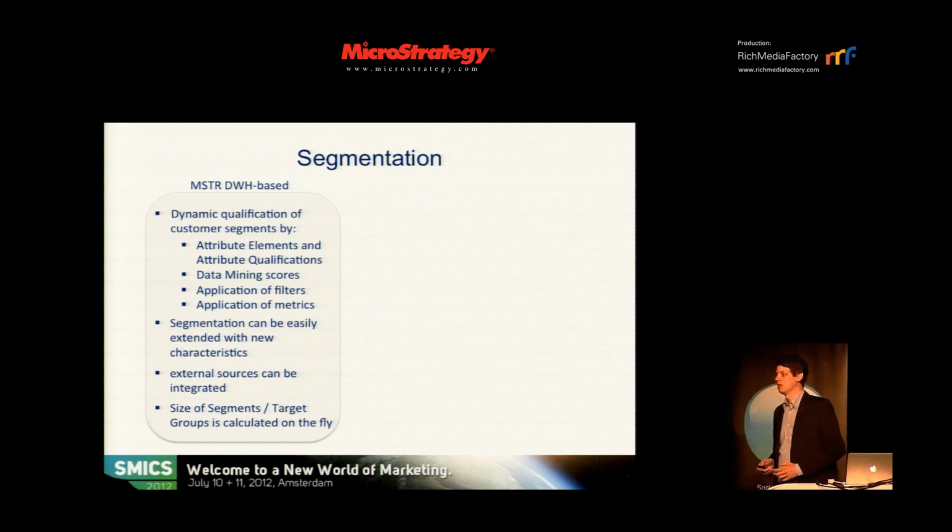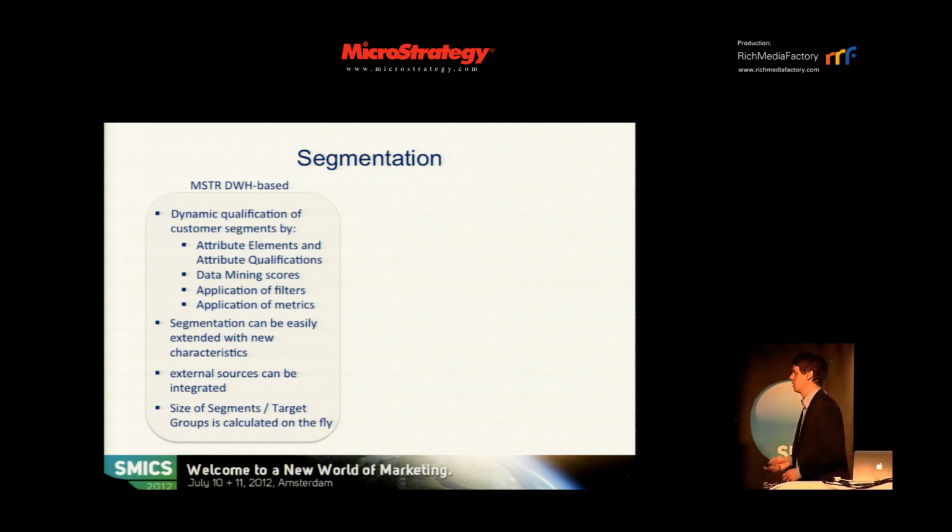I think in the year 2012, this is pretty much standard in the campaign management environment, that you have this one data source behind, or at least it should be, where you can for sure apply some other data sources to enrich the data as well, external sources. And then the segments are calculated on the fly. So you have more or less fixed target groups or segments.